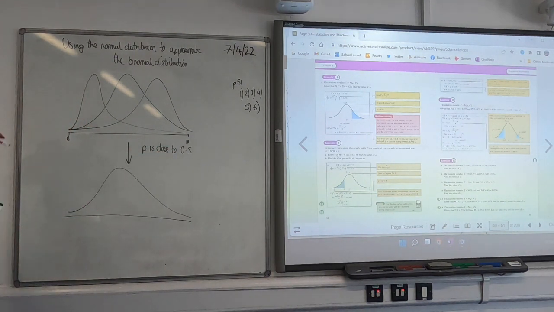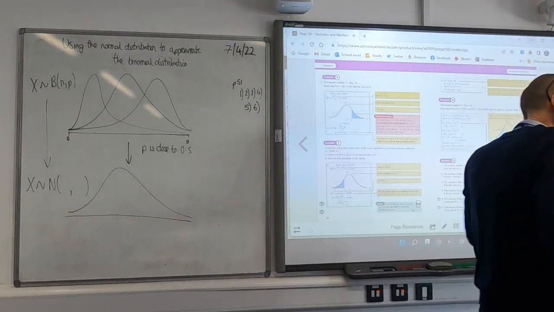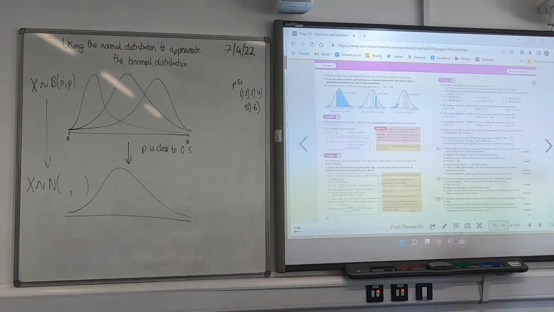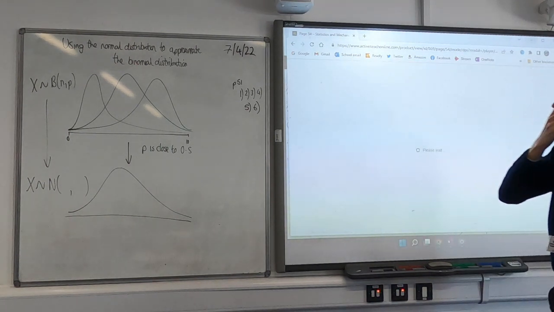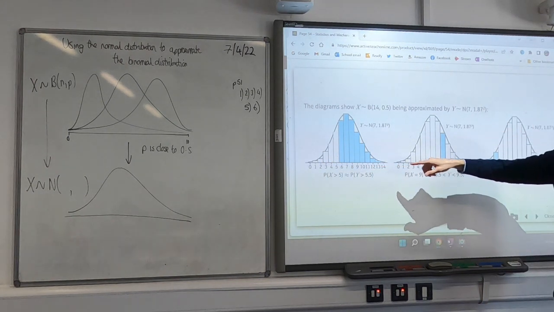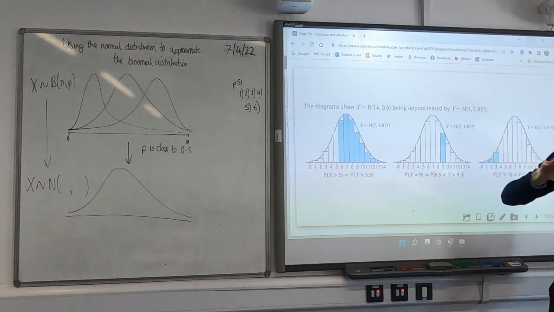So I can take a variable and say, actually, I can estimate this using the normal distribution if the probability in whatever it is we're doing is close to a half. There's another issue. If you're not doing something very many times, this graph is just a shortcut, isn't it?